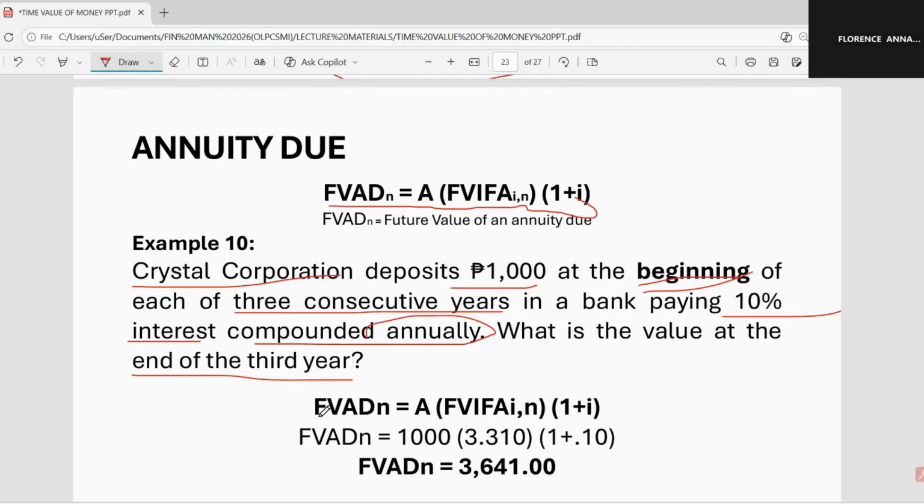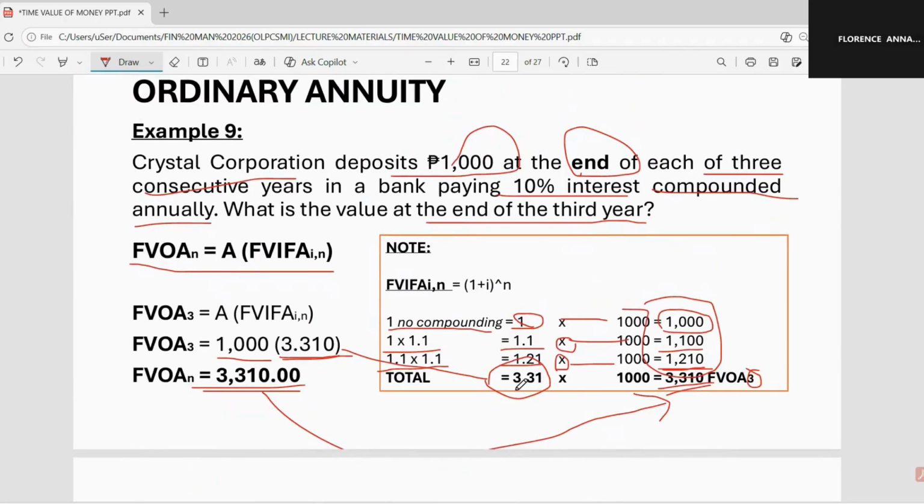Let's just substitute your formula, which is, again, for emphasis, FVAD, or your future value of an annuity due is equal to your annuity payments times your FVFA times 1 plus interest rates. Magkano yung ating annuity payments? You have 1,000 pesos na deposits, and your FVFA for 3 years is 3.310, which we have computed na dito kanina.